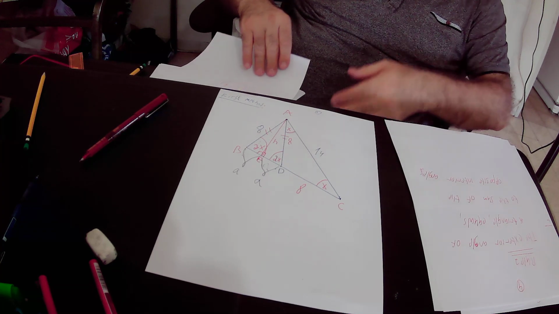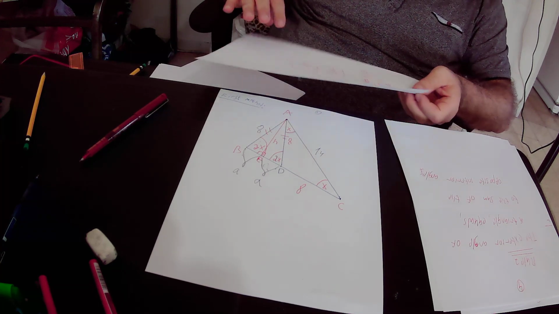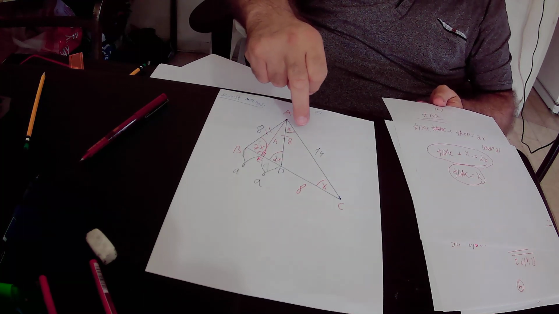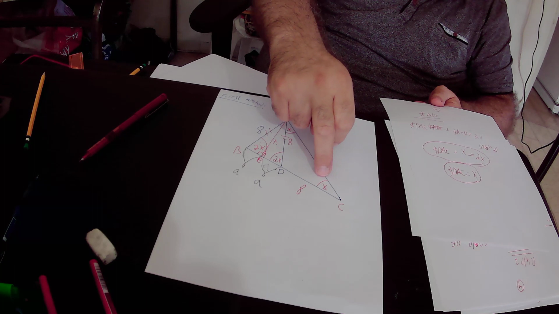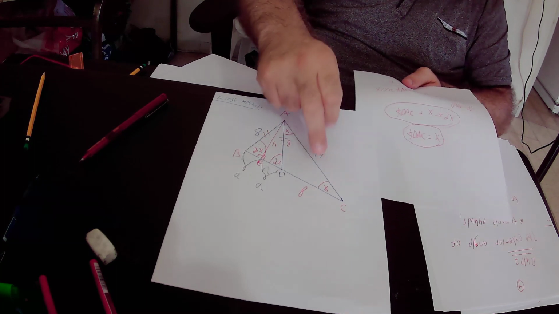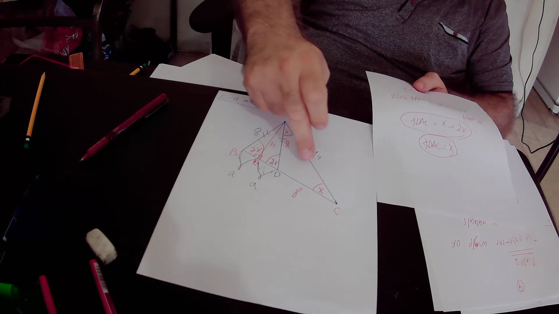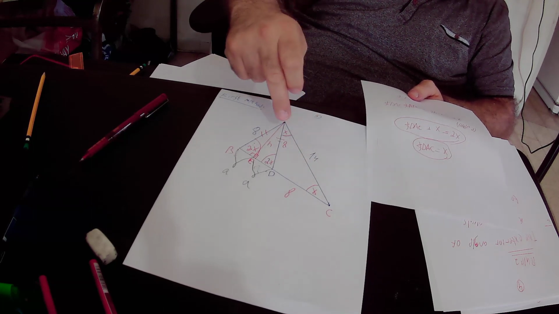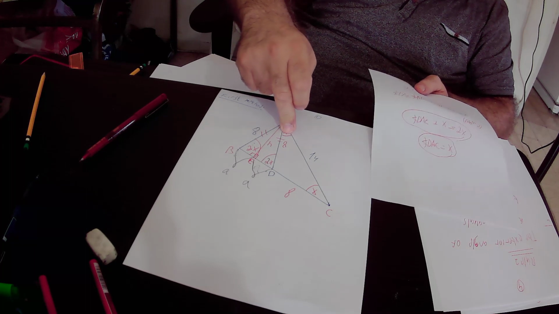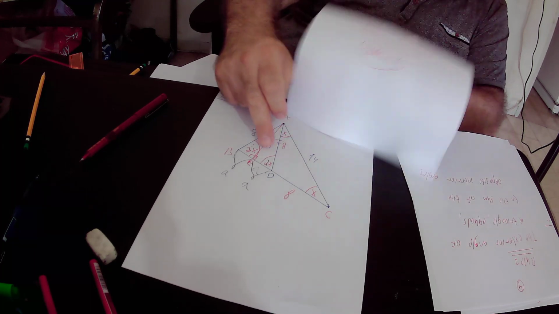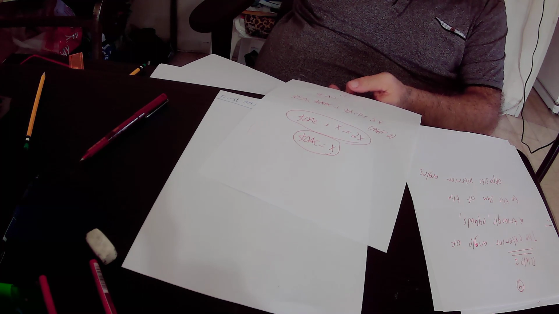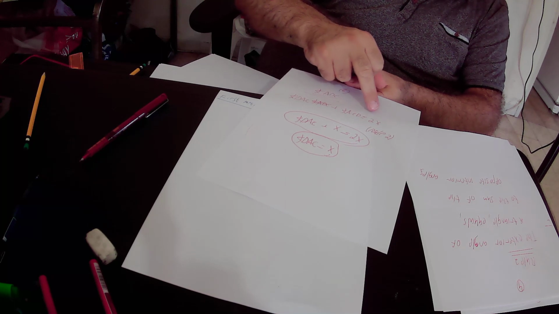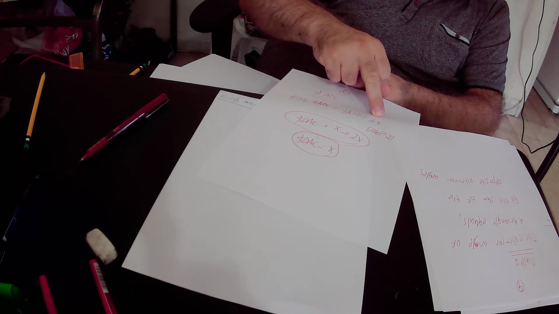According to rule number 2, angle ACD plus angle DAC must be equal to the exterior angle 2x.